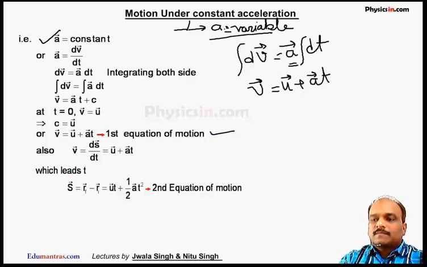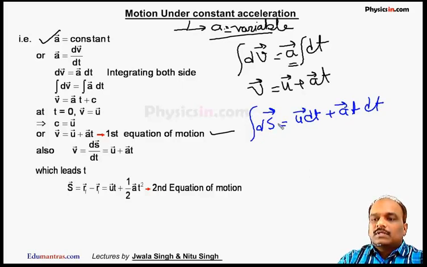Now the next is, as we know, V is equal to ds by dt, the rate of change of displacement, which is also equal to U plus AT. On integration we get ds equal to U dt plus A t dt.